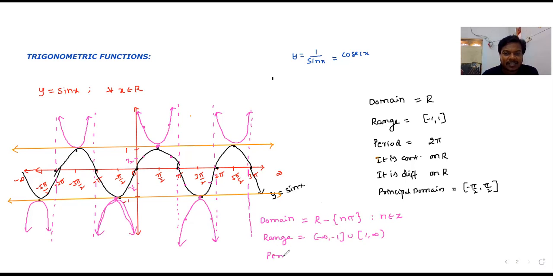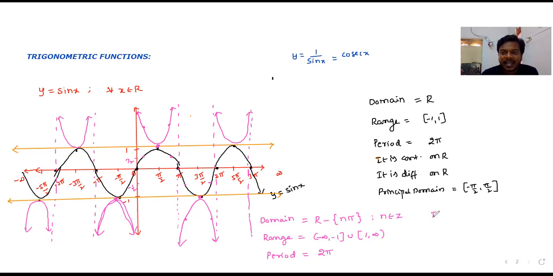And the period of the function. The same graph which is at the origin starts again at 2 pi. Here, nearby the origin, you have a U-shaped graph, and the same graph starts from 2 pi, right? Therefore, its period is 2 pi. Clearly, the graph is discontinuous, right? At pi, 2 pi, 3 pi, there is a gap.